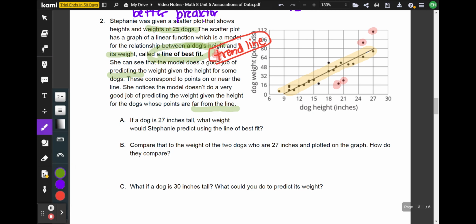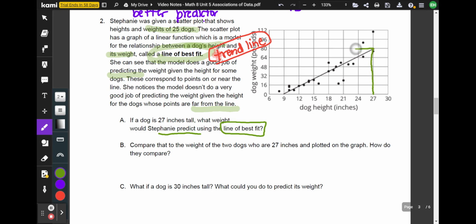So let's answer these questions here. If a dog is 27 inches tall, what would Stephanie predict using the line of best fit? We're not going to find the dog that actually is 27 inches tall. We're going to use the line. So we're going to go to 27 and all the way up till we hit the line.